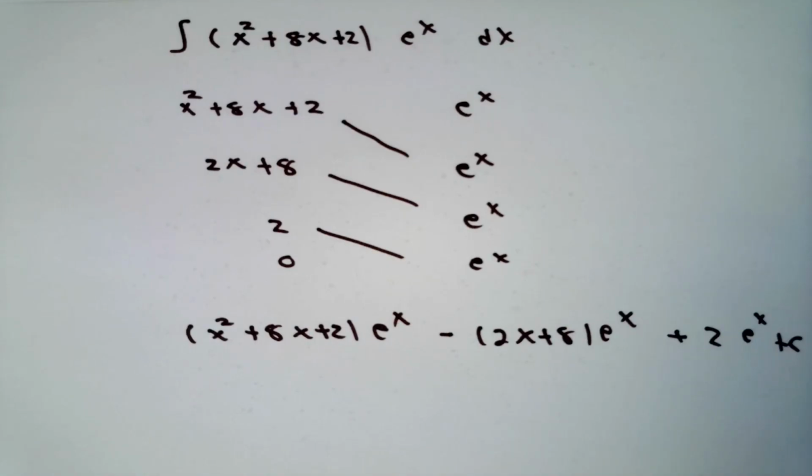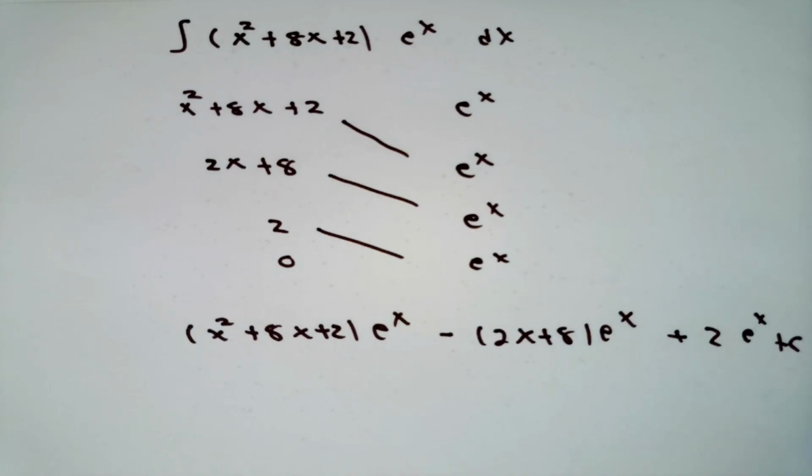As an additional example of this, let's look at the integral of x squared plus 8x plus 2 times e to the x with respect to x. As before, write the polynomial, x squared plus 8x plus 2. Write the other factor, e to the x. The derivative of x squared plus 8x plus 2 is 2x plus 8.